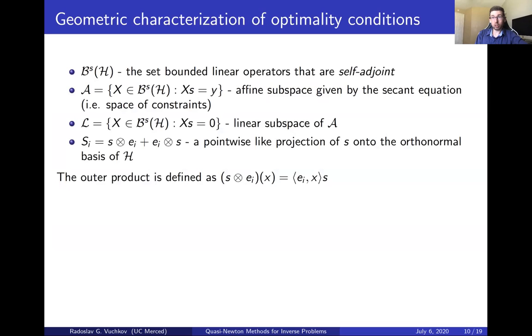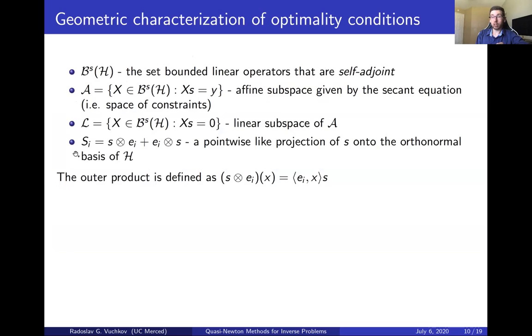So just for notation, before I talk about the geometric lemma, BS is the space of symmetric, or self-adjoint, operators. A is the space of all operators that satisfy the secant constraint. And L is of large interest to us, particularly when y is 0.